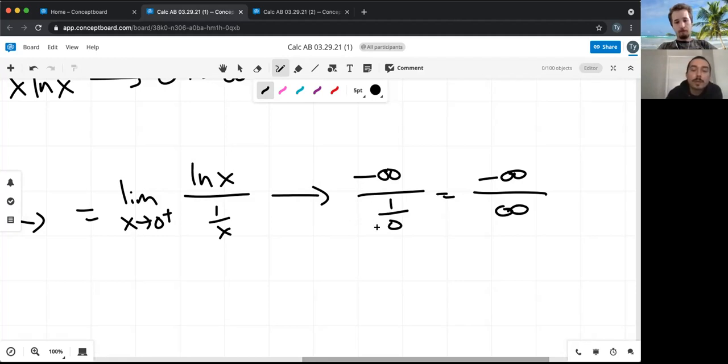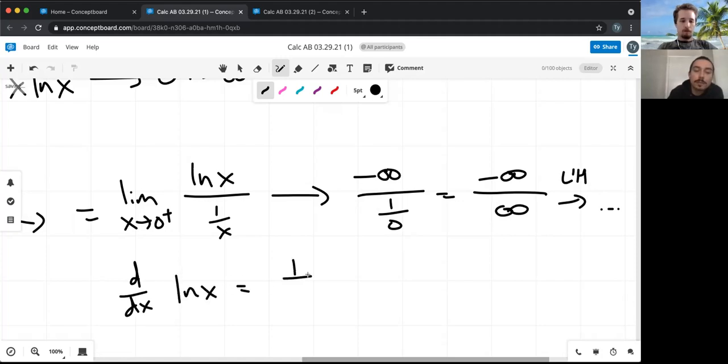As we have a smaller and smaller number on bottom, and the numerator is staying the same, the whole thing is getting bigger and bigger towards infinity. So now we have something we can use L'Hopital's rule for. The derivative of the numerator, natural log of x, is 1 over x.